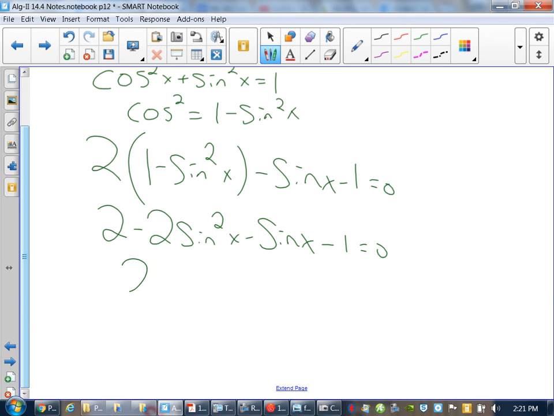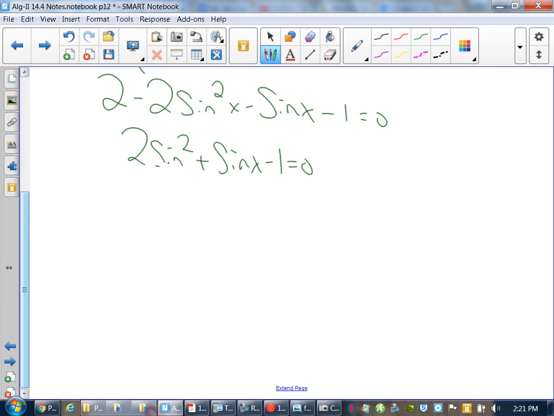If I rewrite it, I just get 2 sine squared plus sine of x minus 1 is 0. What times what is negative 2? You add together to get positive 1. Very good. Negative 1. Wait, is it okay if we put it in terms of u? Yeah, it's fine. Shouldn't it be a positive one? Oh, you put the 2.